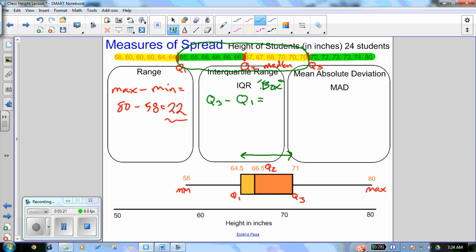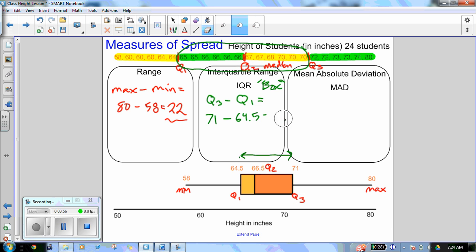So in this case here, we have 71 minus 64.5. Okay. Sorry about that. Let me rewrite that. That just didn't turn out good. So 71 minus 64.5, obviously there we have 6.5 if I calculate right. Sorry about that.